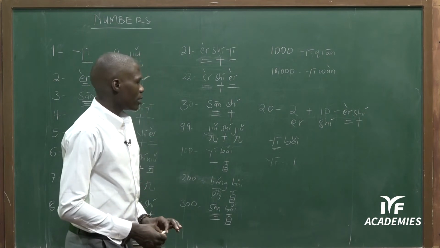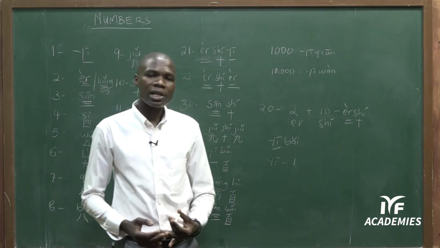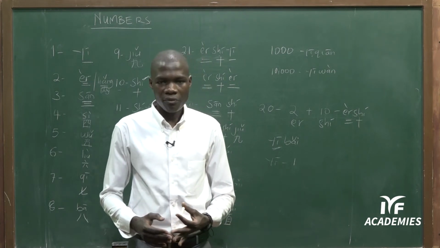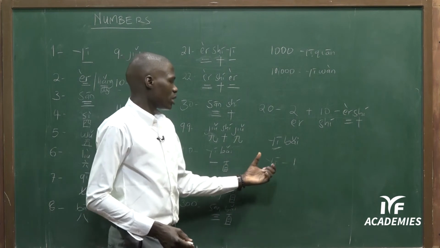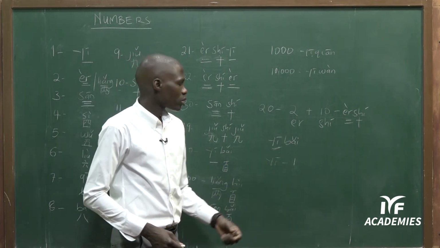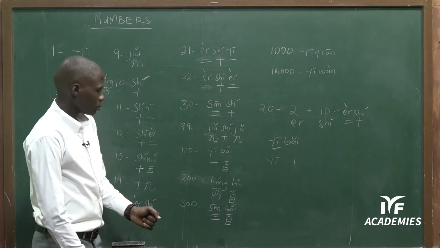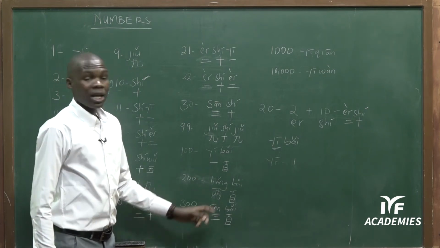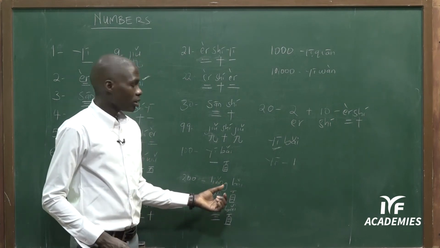The same is going to apply when you talk about 200, 300, 400, 500, up to 900. We are going to use bai because it involves hundreds, two zeros. When you meet 200, because we are counting 100, 200, we are going to use liang.